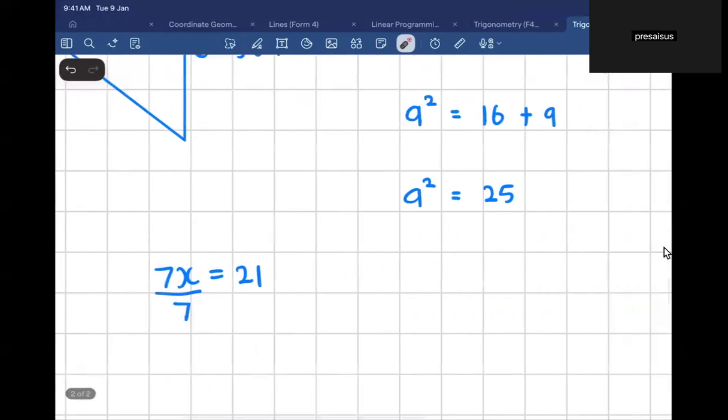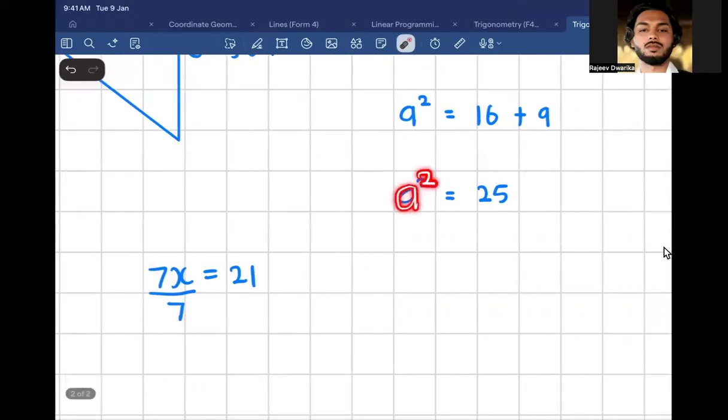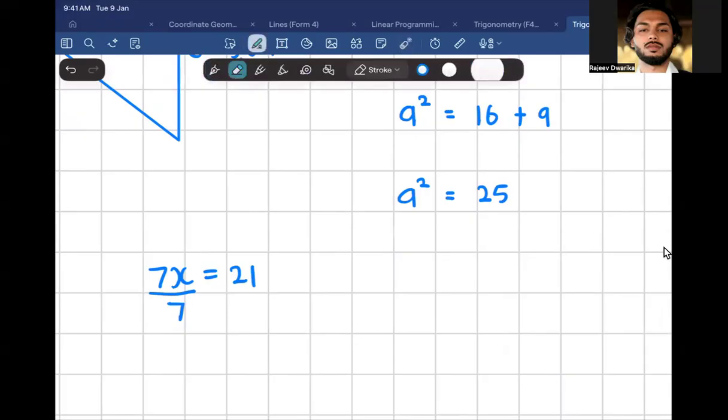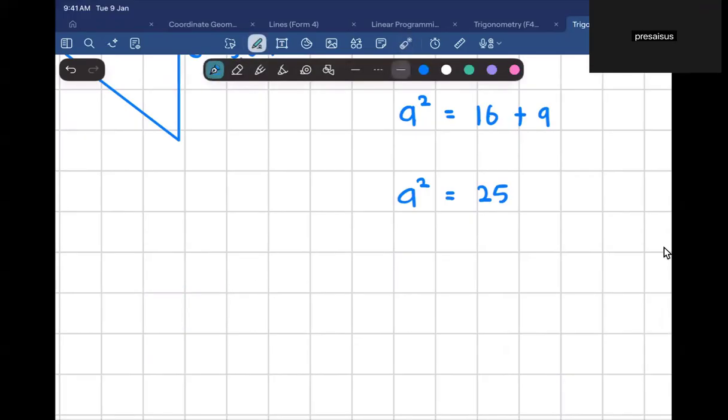Yes, sir. Okay, so over here we have A squared. What's the opposite of squared? Do you know? No, sir. All right, somebody in class, tell me, what's the opposite of squared? Mira, do you know? I have no idea.